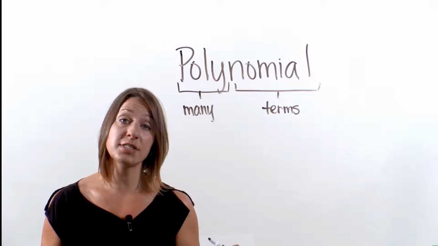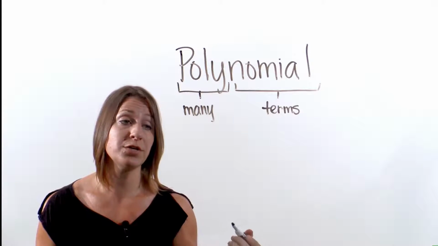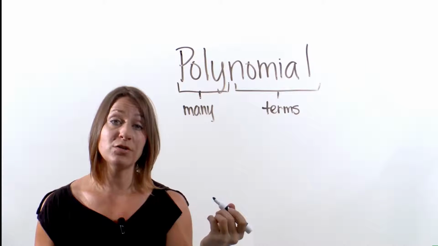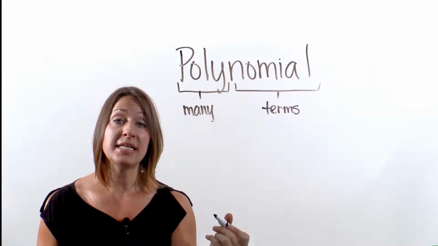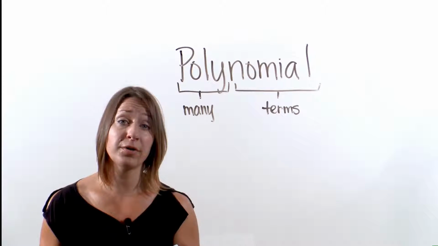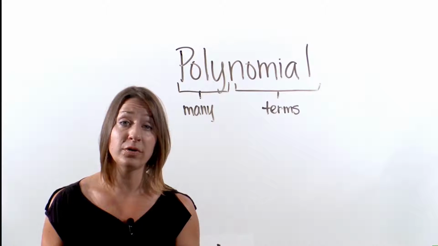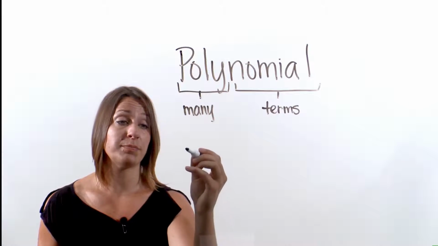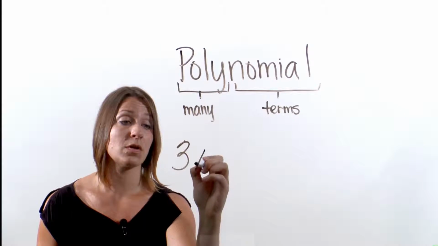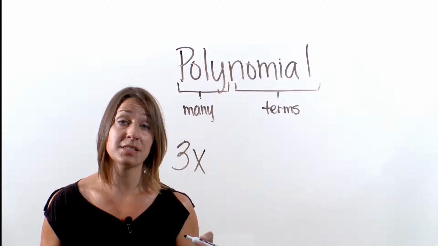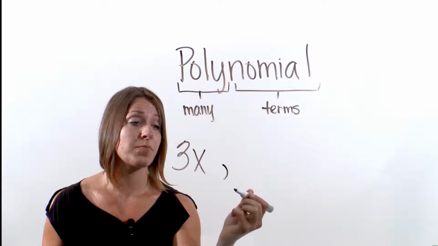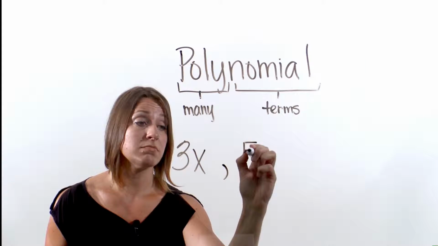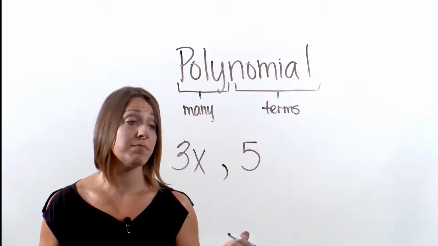But first, let's talk about what a term means. In algebra, a term is a single number, or a variable, or a combination of both of them. For example, 3x is a term. Another term might be 5.